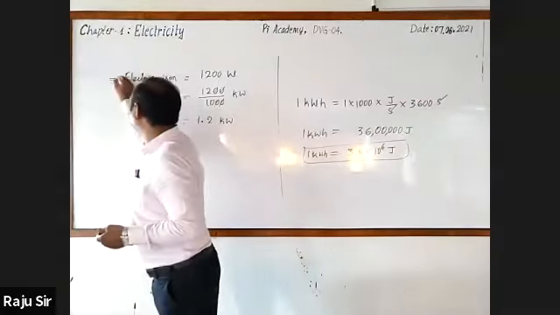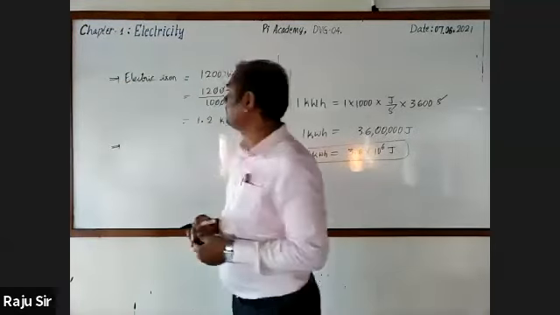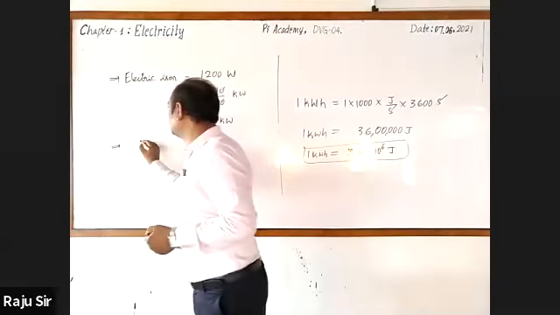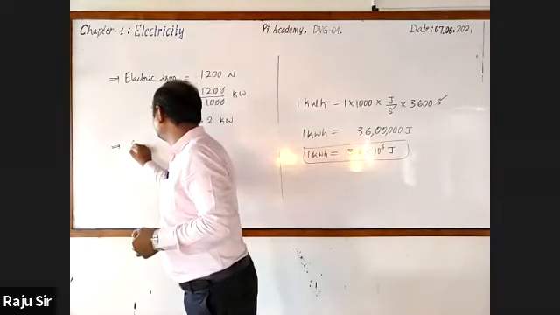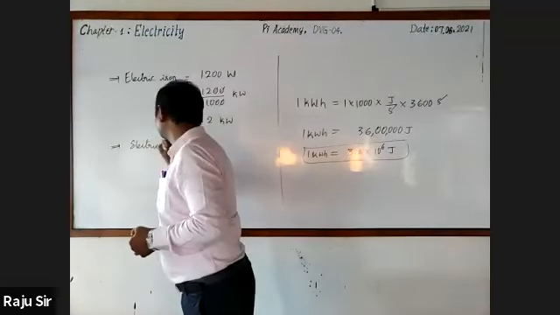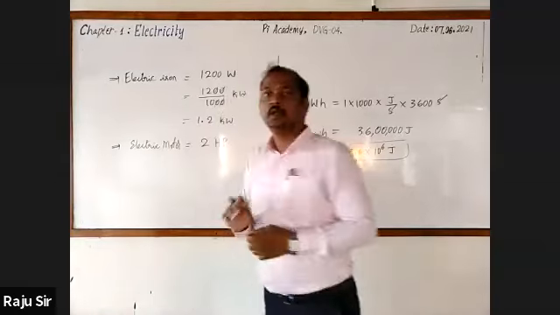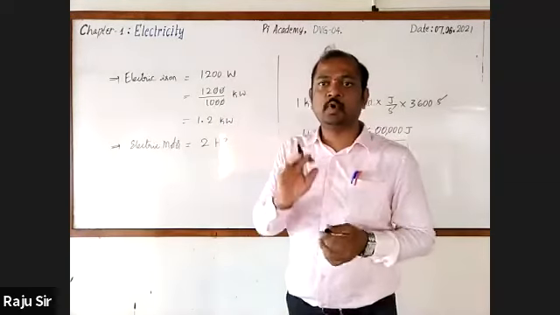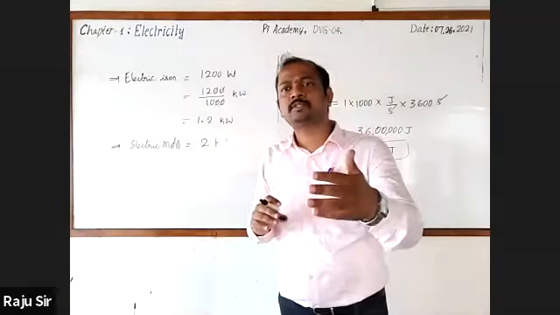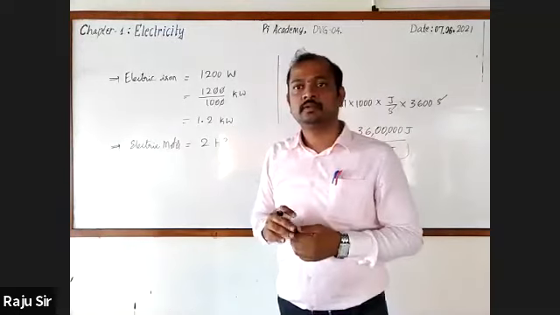Then I take another one. Assume that an electric motor, its capacity is about 2 HP, 2 horsepower. It should be expressed in kilowatt.